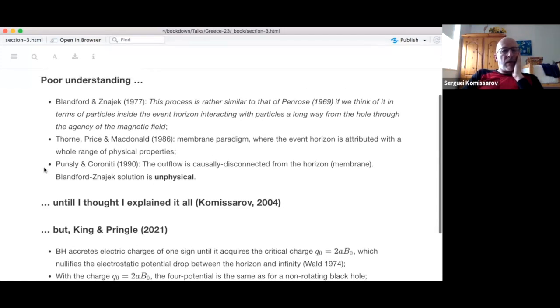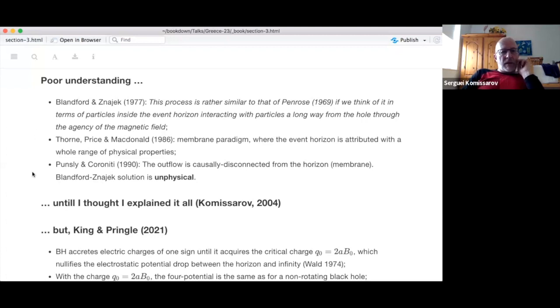And Punsly and Coroniti, as a result of these issues, declared the Blandford-Znajek solution unphysical on a causality argument: because the event horizon and its interior are causally disconnected from the outflow, they cannot influence the outflow, they cannot create the outflow.